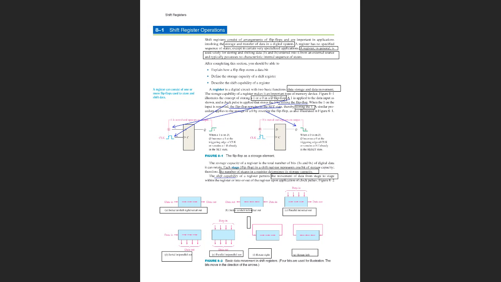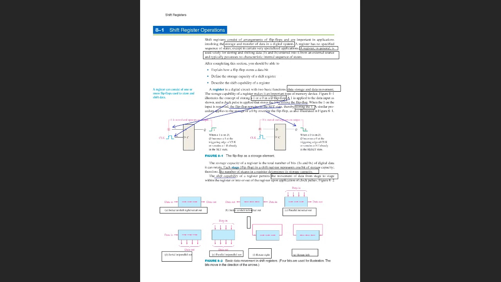If we supply 1 to the input D, the input data, at the positive clock slope, the output is set to 1. It remains 1 until we reset, so it is a piece of memory, a 1-bit memory. If we supply 0 and then the clock positive slope, the output remains 0 as long as we change it. So they are obvious memories.